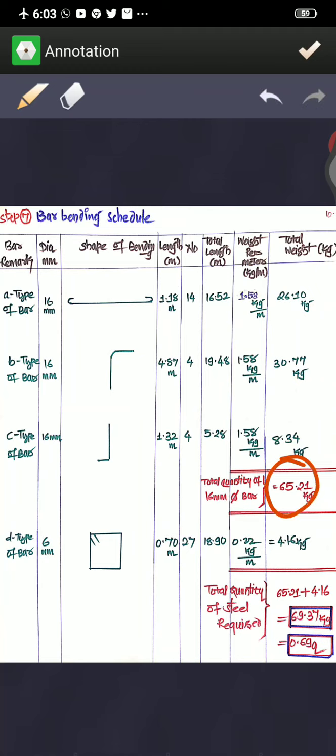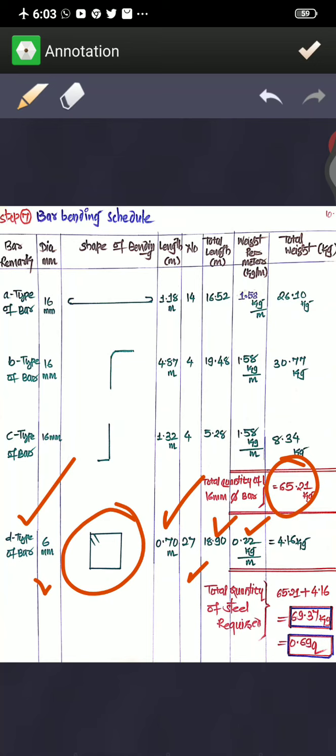To this you are going to add the stirrups, as the weight is totally different, so we have separated this quantity. D type of bars, 6 mm dia, and this is how it looks. Then length is 0.70, 27 numbers. So if you multiply 0.70 into 27, you are going to get 18.90. Then the weight, if you multiply 18.90 into 0.22, you are going to get 4.16 kg.